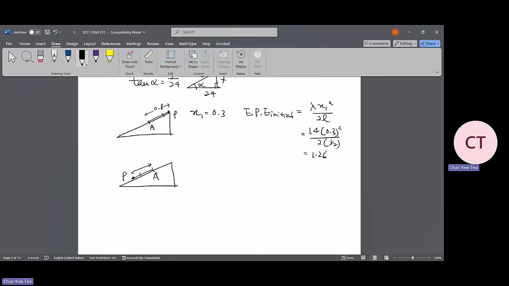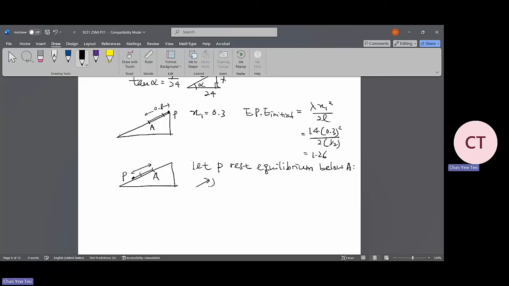Now, to get the initial and final EPE, we need to know that they are at rest. So when the system is at rest in equilibrium, below A, that means you have a tension here.